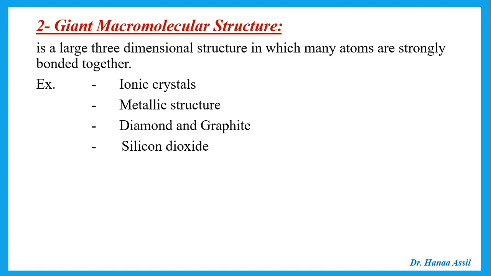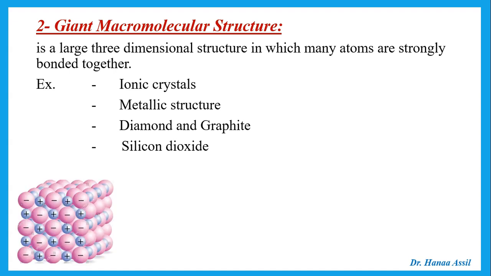Now, if something is not simple molecular, it is a giant macromolecular structure. Remember that the word macromolecular means a giant, large, three-dimensional structure with many atoms strongly bonded together. Which molecules are giant?